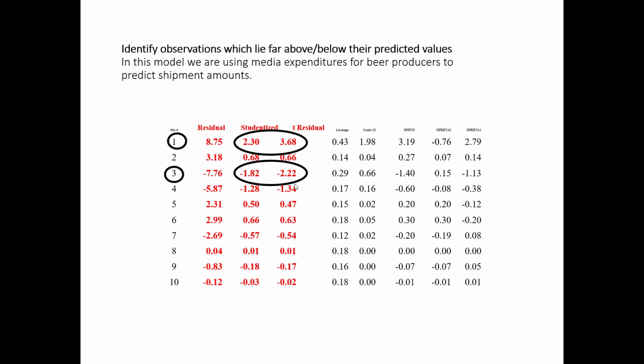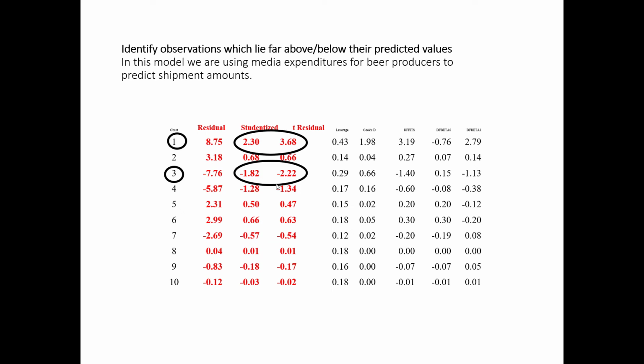It's not an absolute cutoff where you cross the red line and all sorts of bad things happen. It's a process, a shifting of grays, if you will. Observation 1 is going to be an influential observation based on those two statistics. Observation 3, we're not so sure.